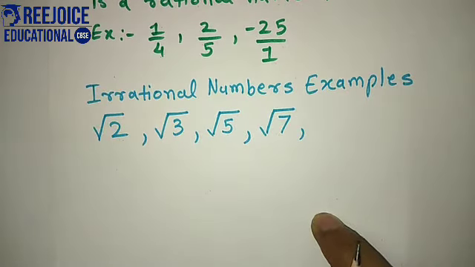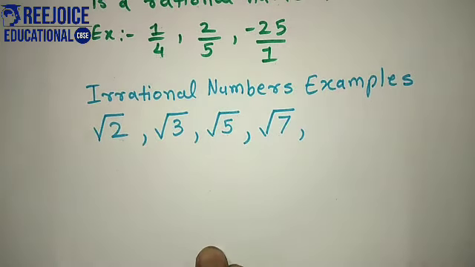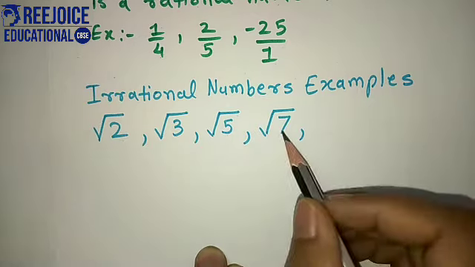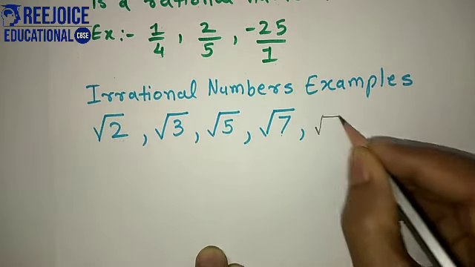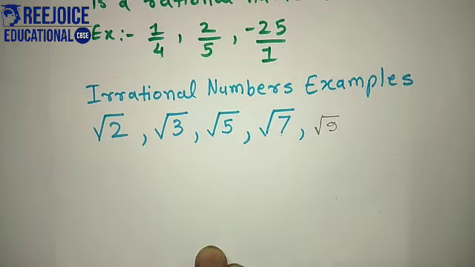A number which is not a perfect square of any other number is called an irrational number. So all the numbers that are not the perfect square of any number, when taken under the root sign, are called irrational numbers. Numbers like this are the irrational numbers. Can we take under root 9 as an irrational number?